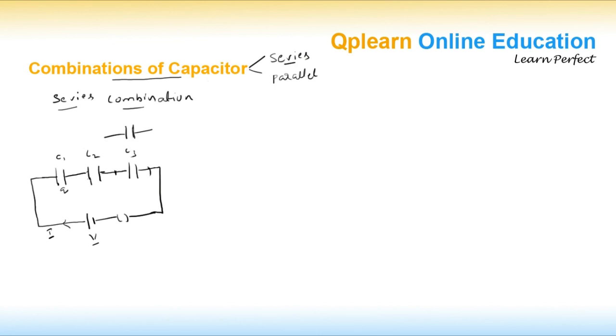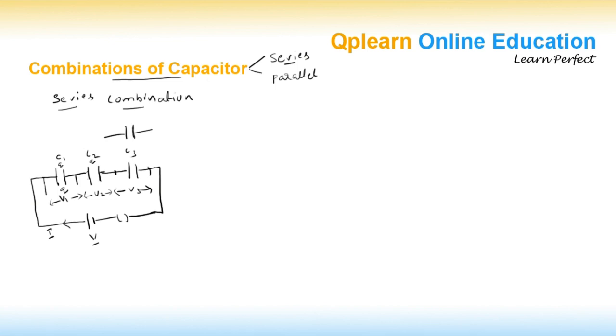In series combination, the voltage will be different across each capacitor. For example, here the voltage is V1, and across the second capacitor it is V2, and this is V3. V1, V2 and V3 are different voltages across the different capacitors, but in all the capacitors the charge will be the same.